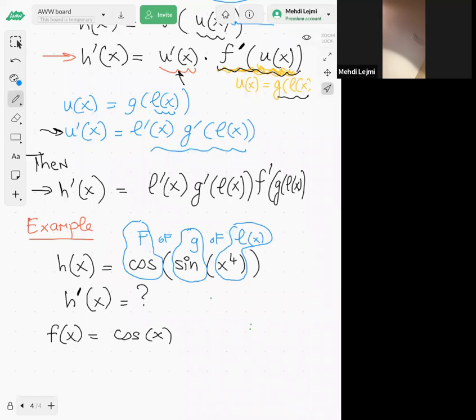It's easy to get confused between composition and multiplication. For a product you apply the product rule, but when you have a composition, you apply the chain rule. So my f of x is cosine, and my g of x is sine of x.